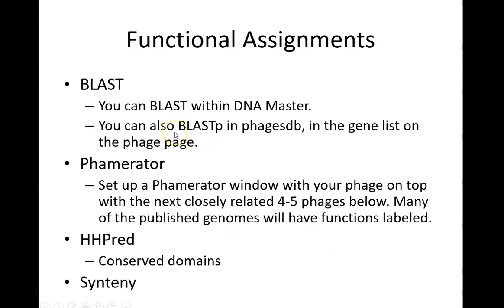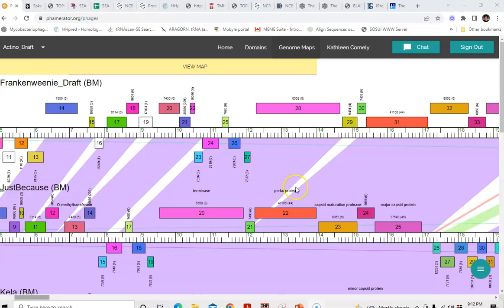The other thing that we can do, along with our BLAST, is set up a Phamerator window, and many of these published genomes will have functions labeled. So, for example, here we are with our Frankenweenie draft. None of the functions are called here because it's our job to do that. But if we look at Justabouttime, we can see that this gene is in the same pham, 6568, if I can read this properly.